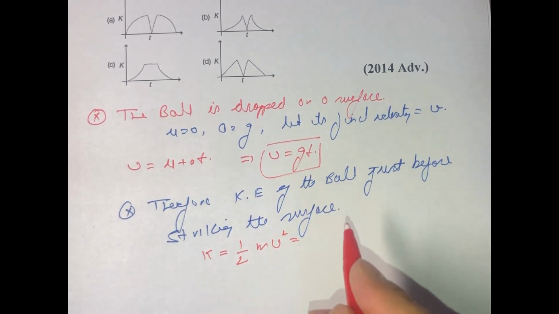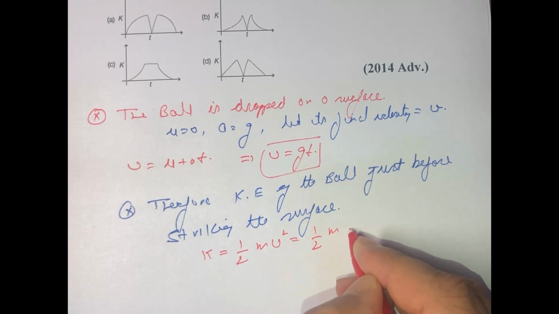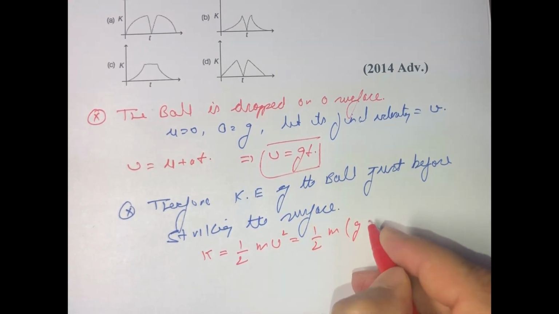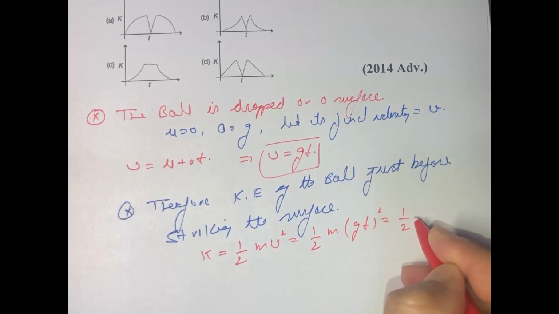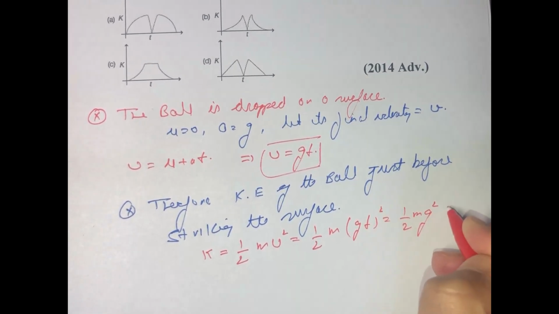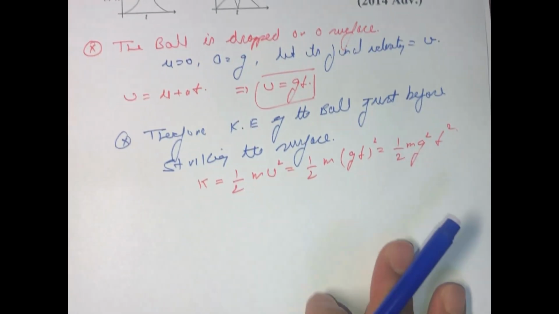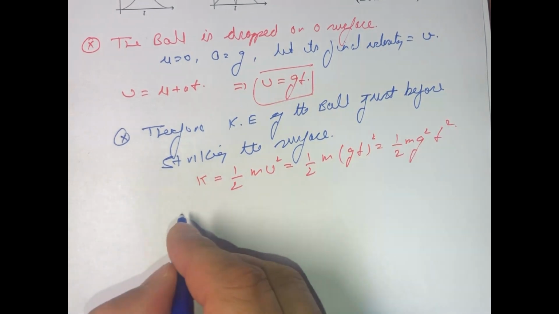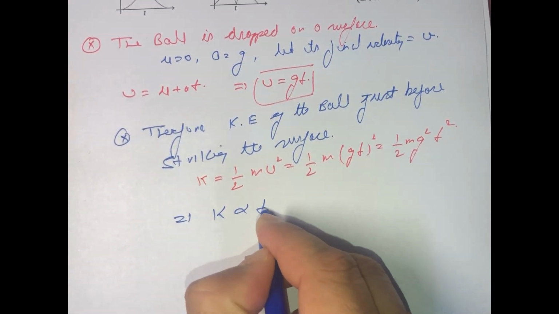We already know the value of v, so we can write this as half m (gt) squared, and this is equal to half m g squared t squared. Therefore, from here we can say our kinetic energy is directly proportional to t squared.